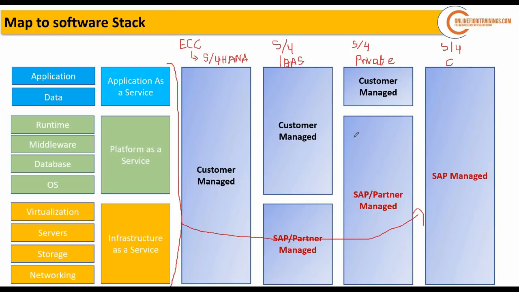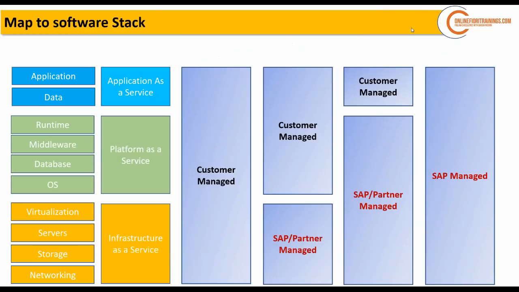Most of the solutions which you see now offered and consumed over the internet are all based on the cloud, where all the infrastructure, platform, and application are managed by the vendor. You can open it as fast as you can. You can onboard, and you can start consuming these services. So that's the main difference between SAP S/4HANA and SAP S/4HANA Cloud.